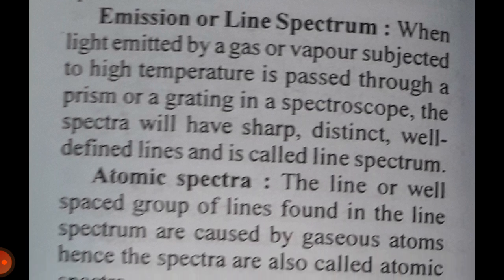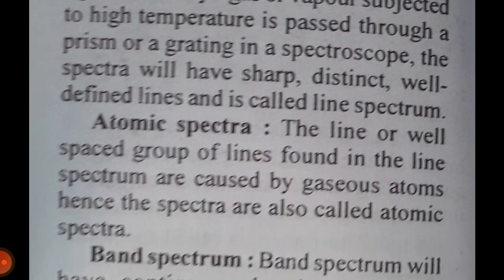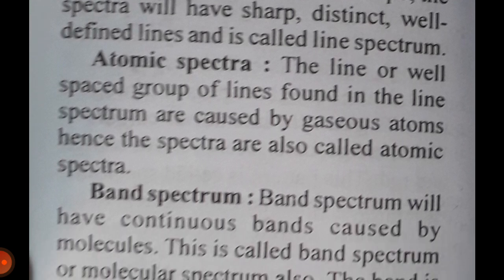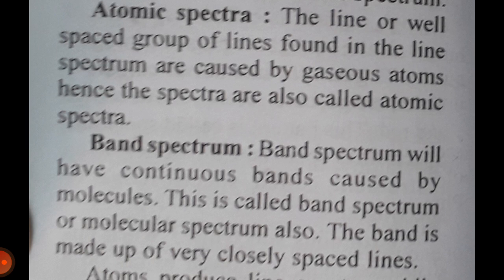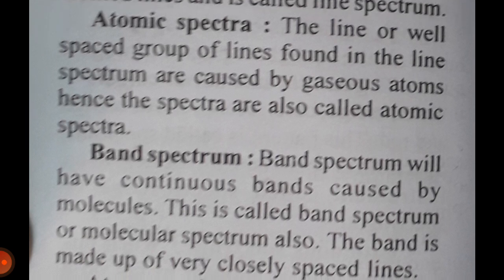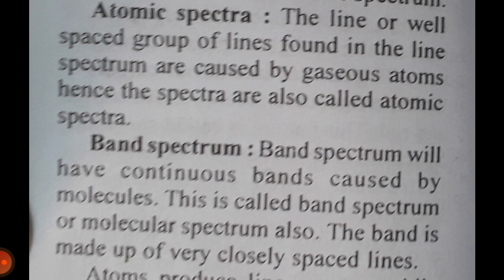Emission or line spectrum. When light emitted by a gas or vapor subjected to high temperature is passed through a prism or a grating in a spectroscope, the spectrum will have sharp, distinct, well-defined lines and is called a line spectrum. Atomic spectra. The lines or groups of lines found in the line spectrum are caused by gaseous atoms.